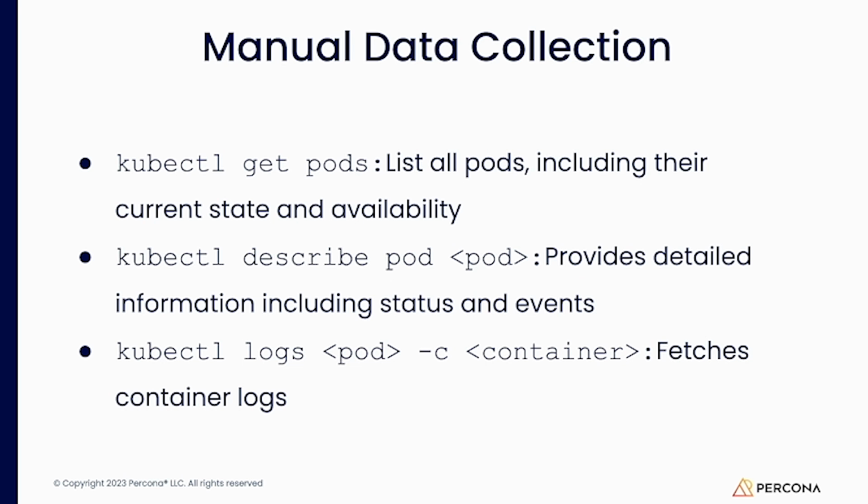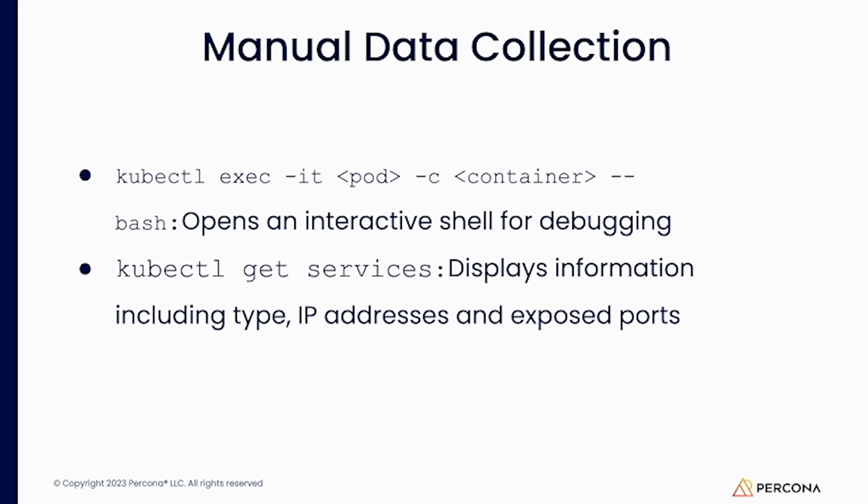This one is really useful. kubectl logs fetches the application log or the database log. kubectl exec opens an interactive shell and enters the container. And kubectl get services displays information about the IP addresses and exposed services.